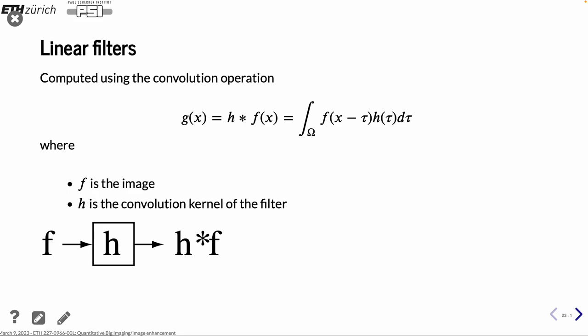And here we have the image, run through some convolution kernel, and afterwards we have the convolution of the point spread function of the kernel with the image itself.